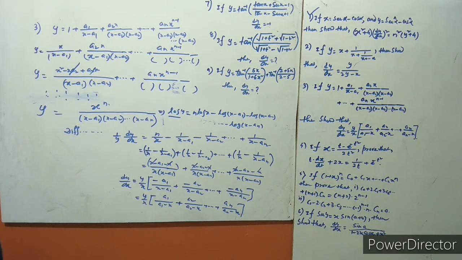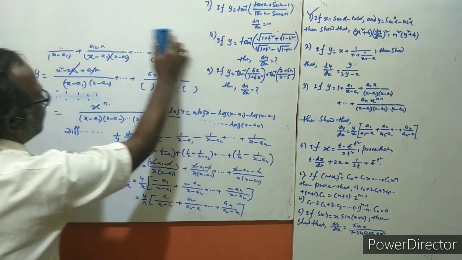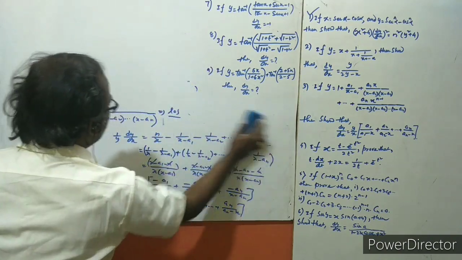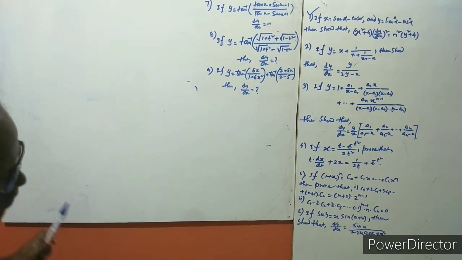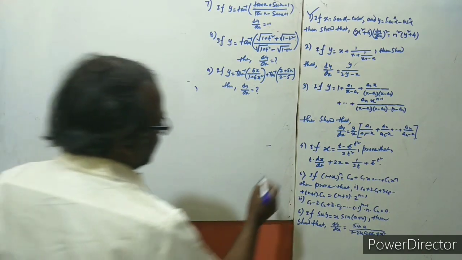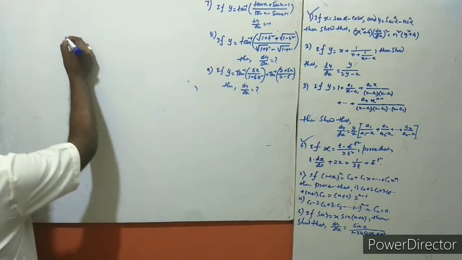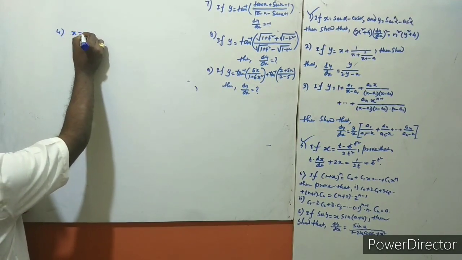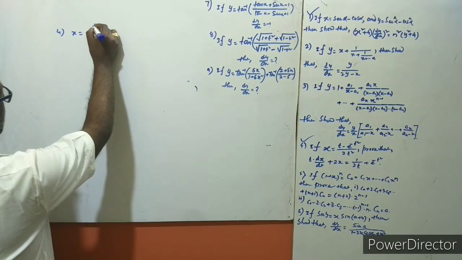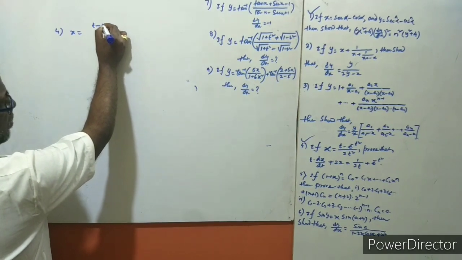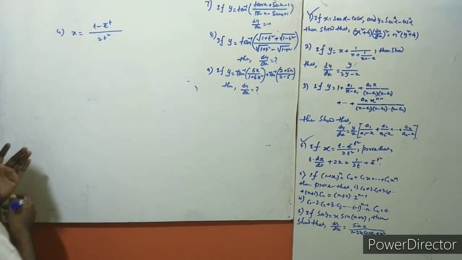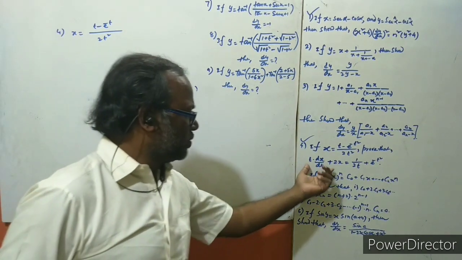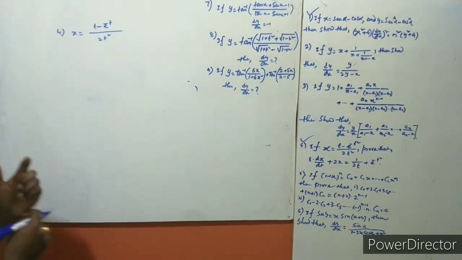So see carefully. And now see question number 4. For question number 4, most of the students just differentiate by the u by v method, but if we differentiate by the u by v method, then this expression is long.